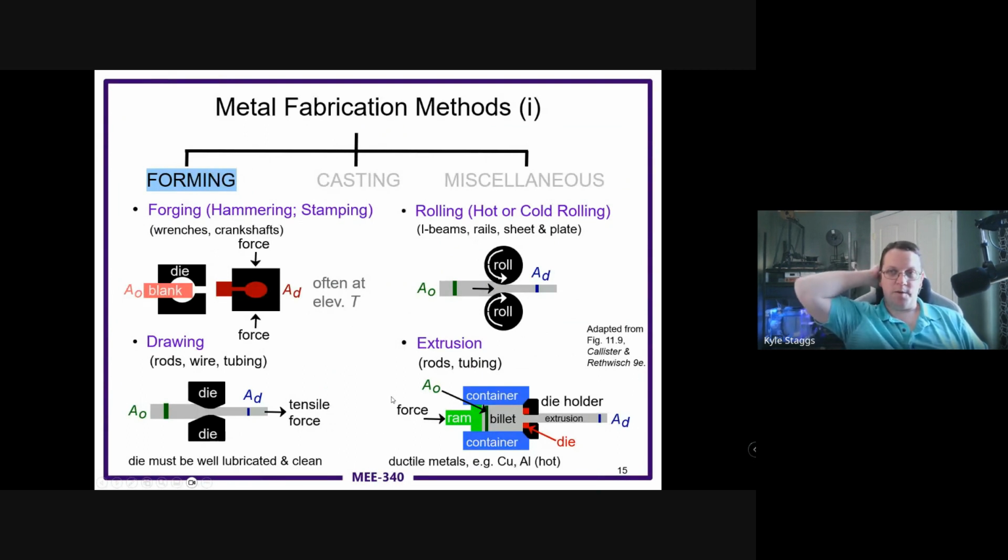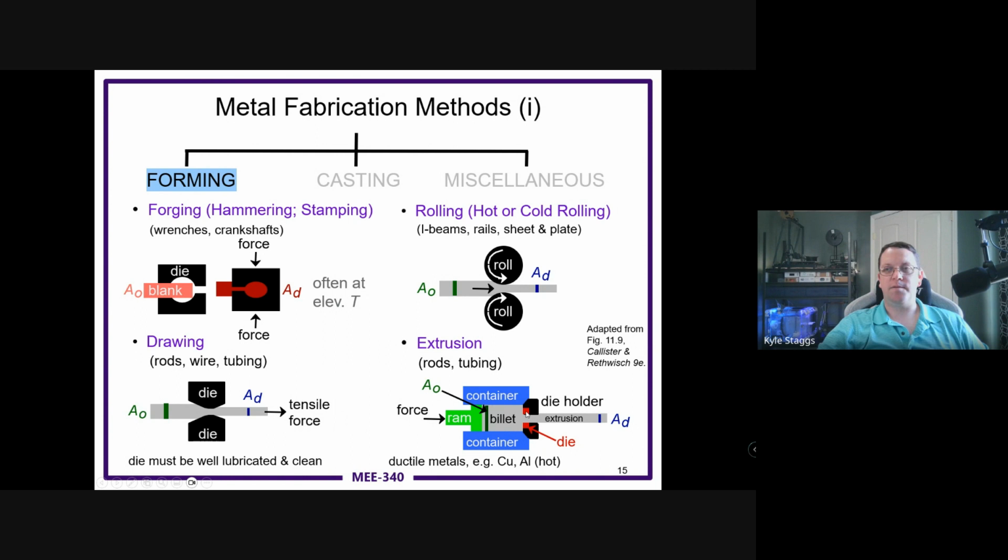Extrusion, in the case of extruding steel, copper, aluminum, stuff like that, is easier done with materials that are ductile. You're not going to see extrusion for other materials.